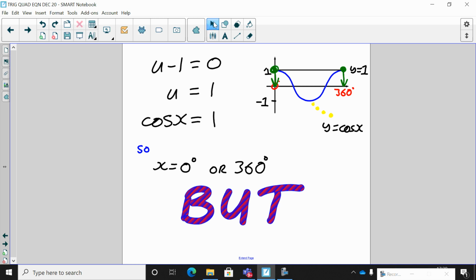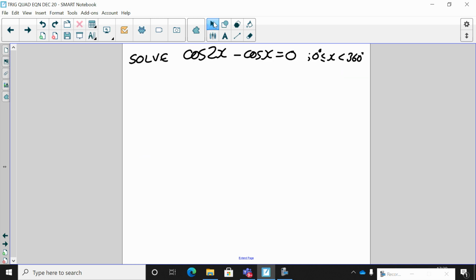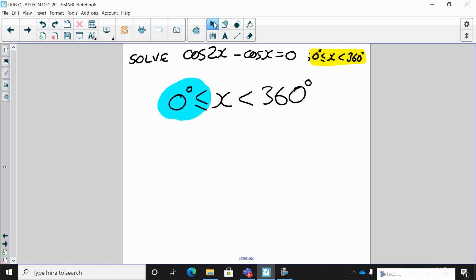Well, in the initial question, what they were saying to you there, they wanted the answer x to lie between 0 degrees and 360, but here it was actually inclusive of 0, see the less than or equal to sign. So that's fine. That was one of our answers.